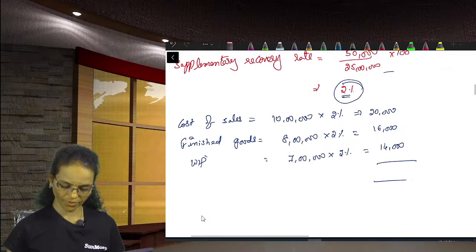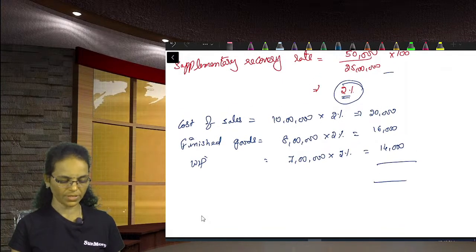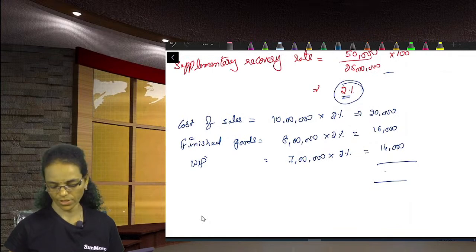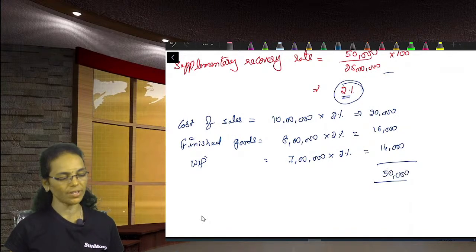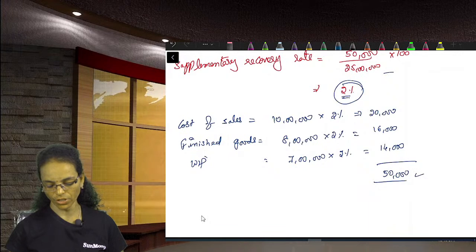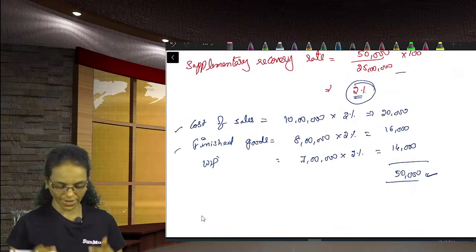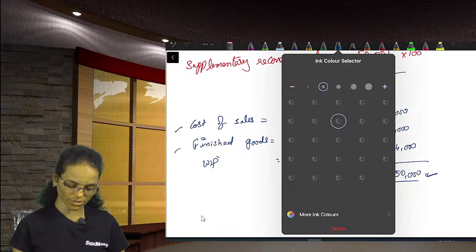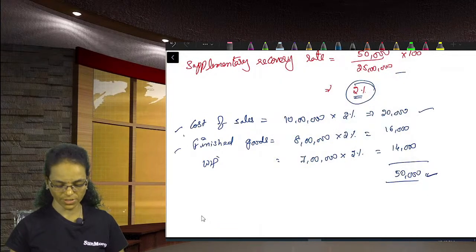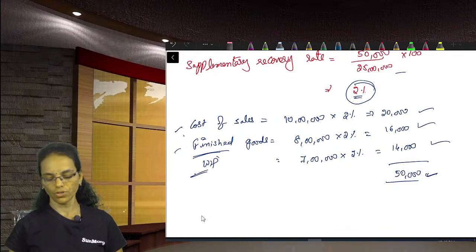When you add 20,000 plus 16,000 plus 14,000, it is 50,000 rupees. So the under recovery of overheads, 50,000 rupees, we are recovering through the supplementary recovery rate: towards cost of sales 20,000, towards finished goods 16,000 and work in progress 14,000 rupees.